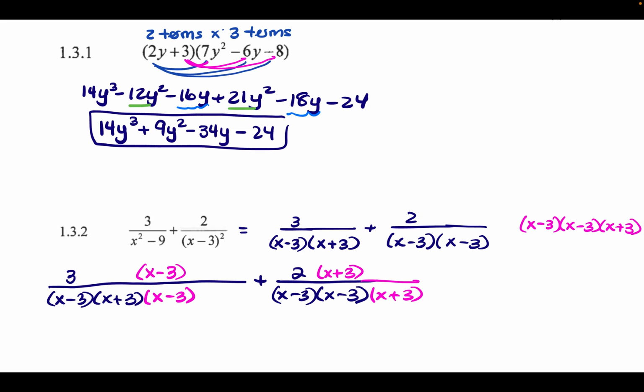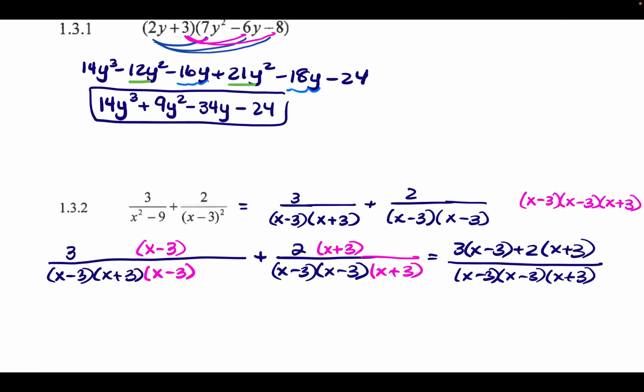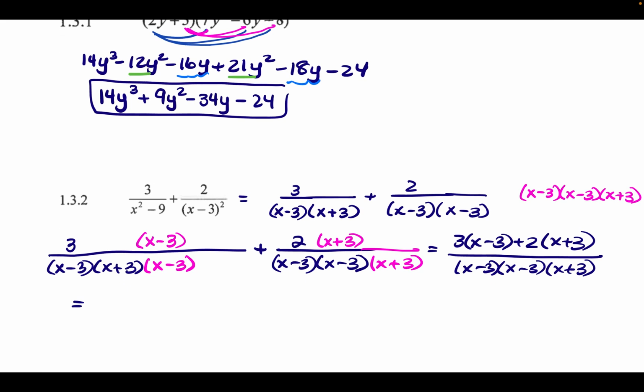So then we get 3 times x minus 3 plus 2 times x plus 3 in our numerator all over our denominator. And we can further simplify the numerator by distributing and combining like terms.